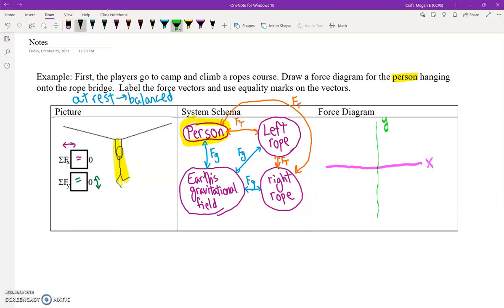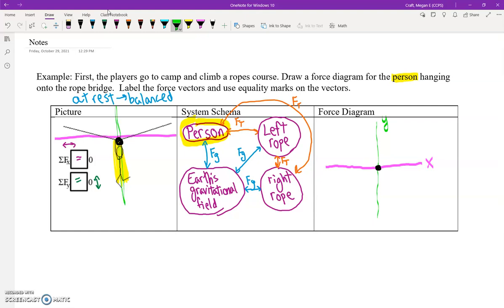And we're going to put our force diagram with our dot in the center. So we are shrinking this entire picture. So the person, we are shrinking down to a dot. And we are putting this imaginary axis, both x and y directions.